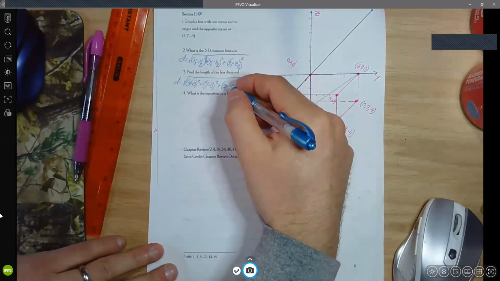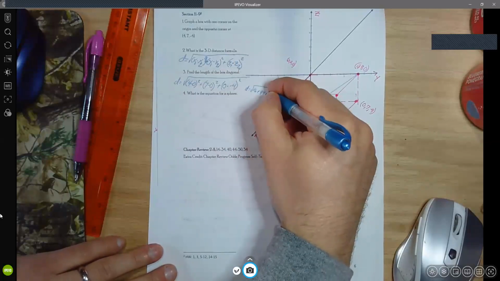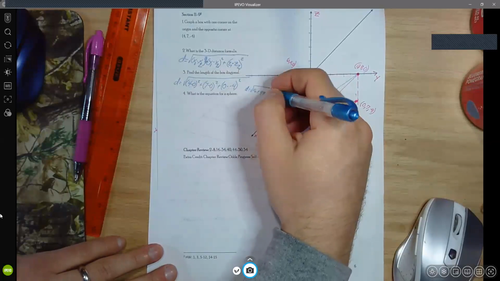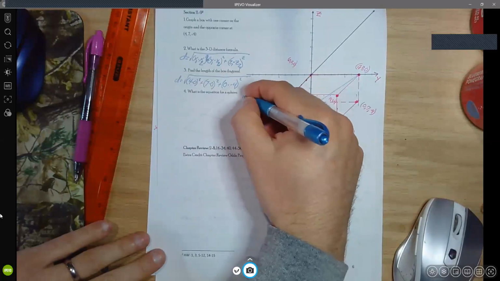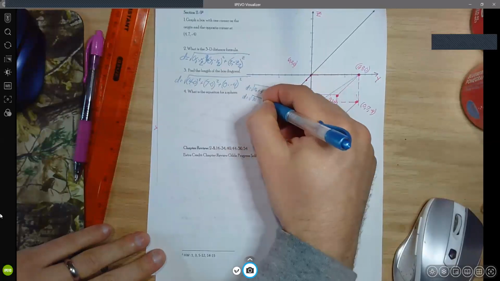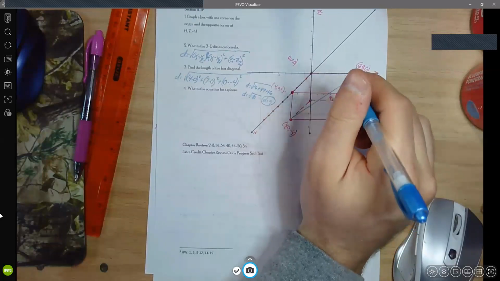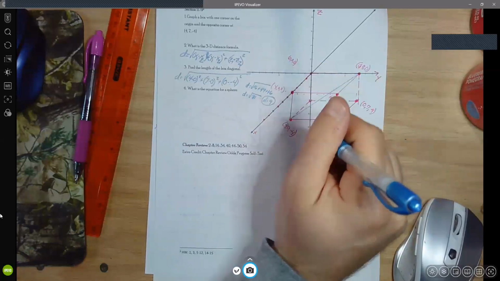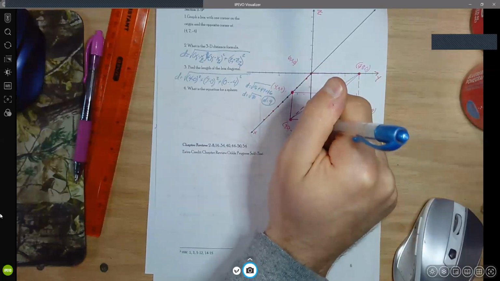And 0 plus 4 is 4, squared is 16 again. 16 and 16 is 32, plus 49 is 81. So D equals the square root of 81, so D is 9. Okay, so that's how to use the distance formula.